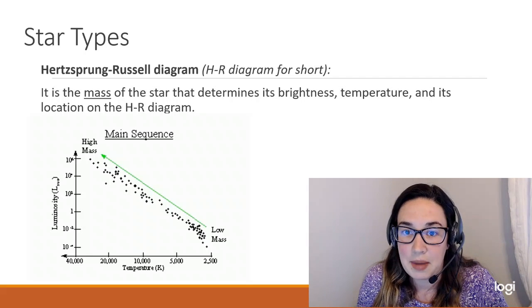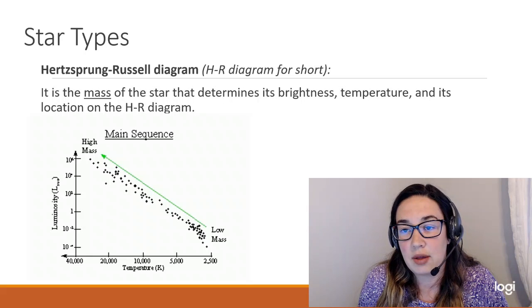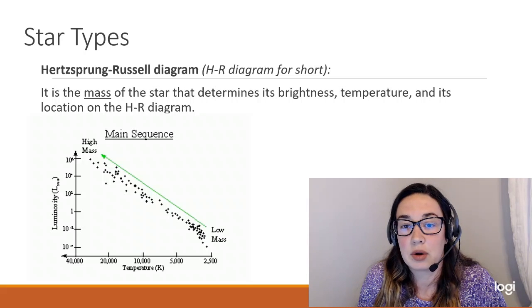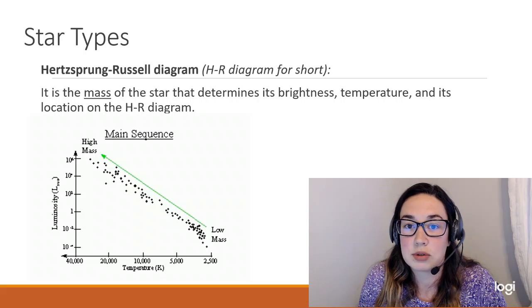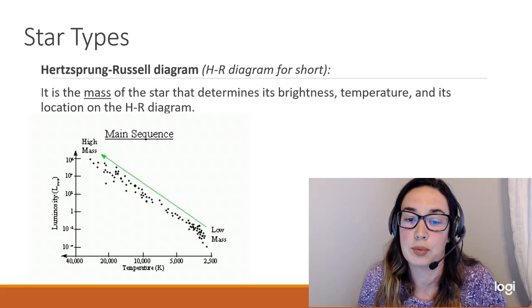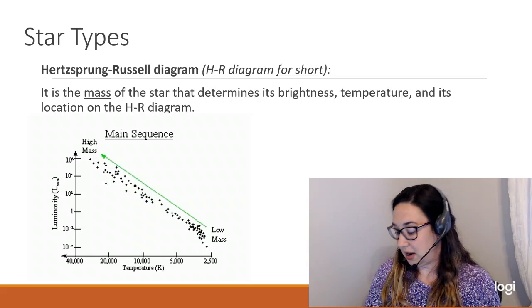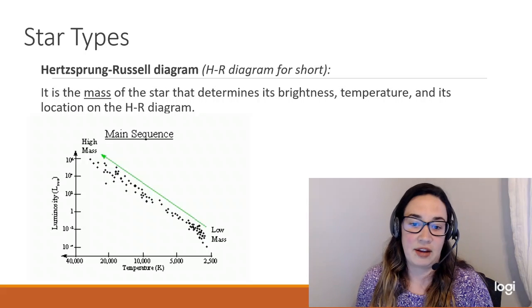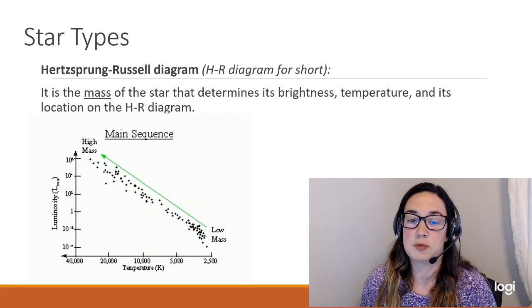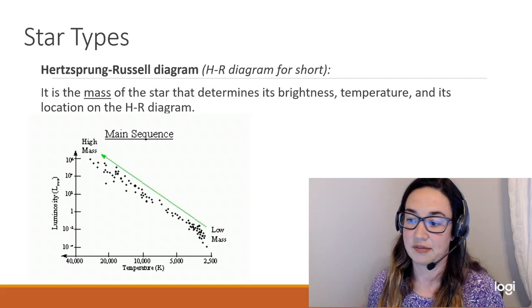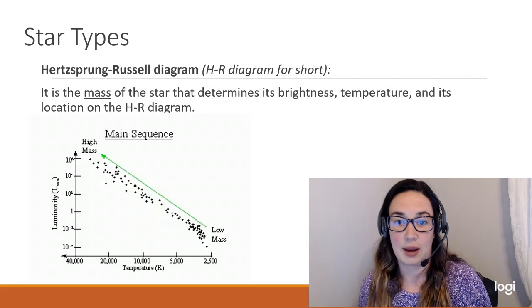Your lowest mass stars are going to fall on the lower right-hand side of that diagram. So they have the lowest mass, then they have also the coolest temperature, and they're also the dullest or faintest when it comes to brightness or luminosity. And so depending on the mass of the star that we're dealing with here determines where they fall on this HR diagram, especially in the main sequence along that band of the normal adult stars that we were talking about.